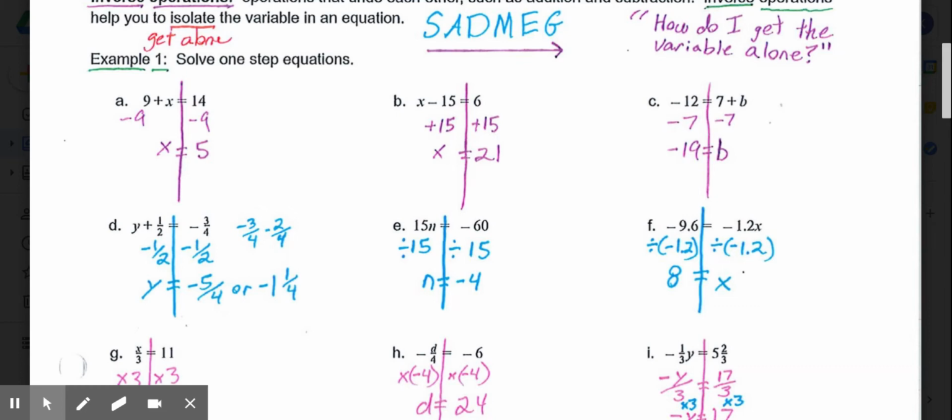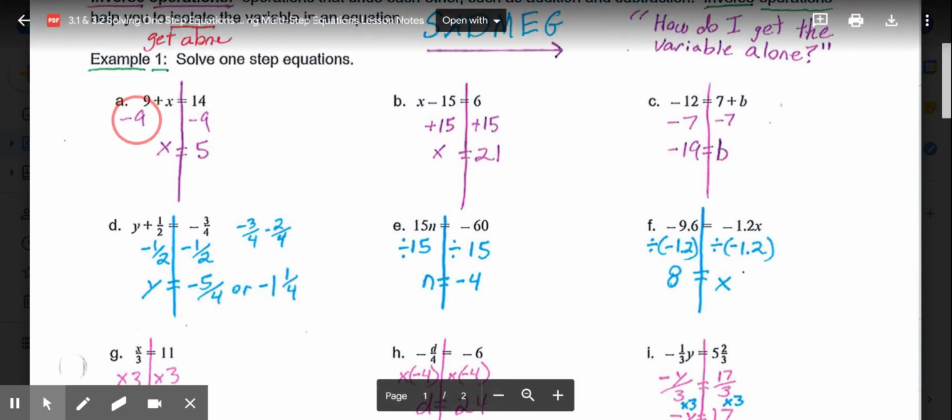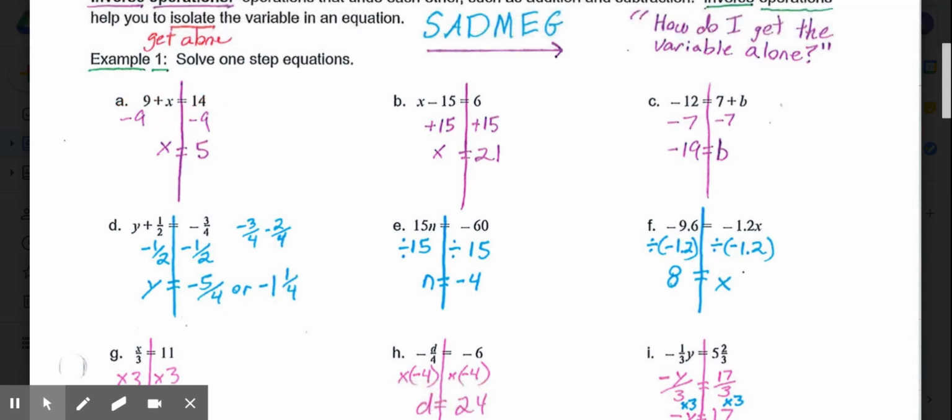Those properties of equality, simply put, allow us to do the same operation on both sides of the equal sign, and the equation is still considered equal. Hence the name, properties of equality. There are different ones for the different operations: an addition property of equality, subtraction property of equality, multiplication, and division. Those are what allow us to solve for the variables, or to isolate our variables, with inverse operations.